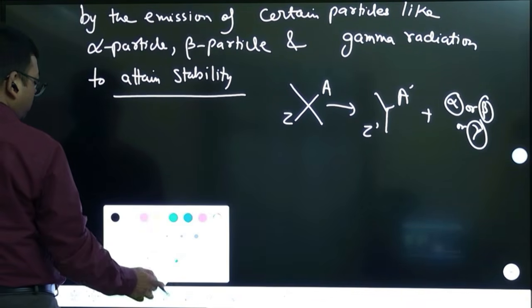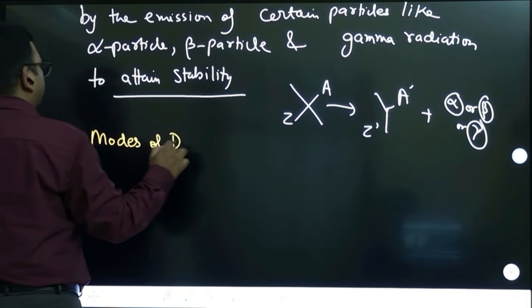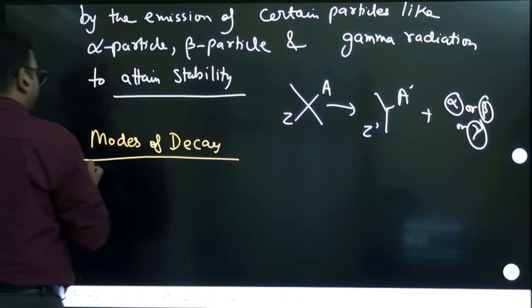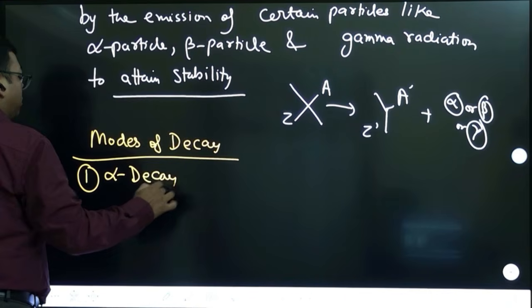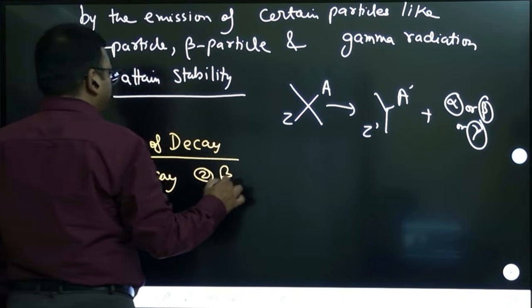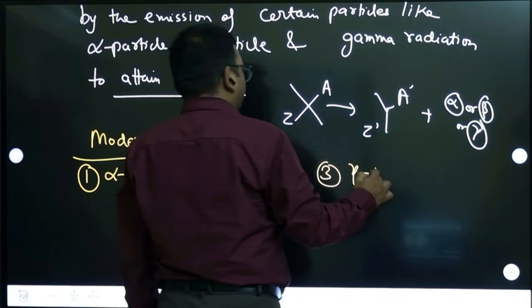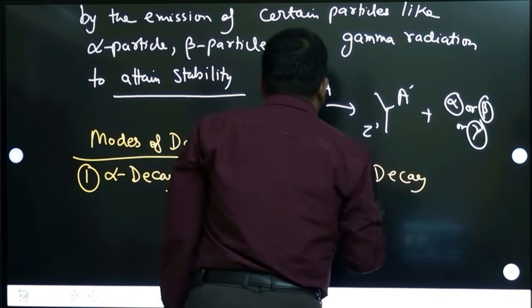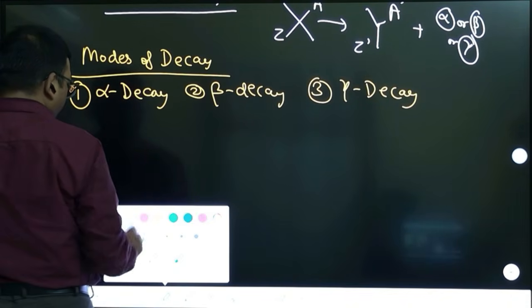So let us now go into the modes of decay. Three modes of decay are there: first alpha decay, second beta decay, third gamma decay. Let us study one by one. So what happens in alpha decay?